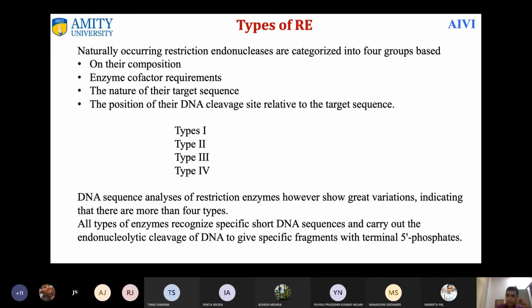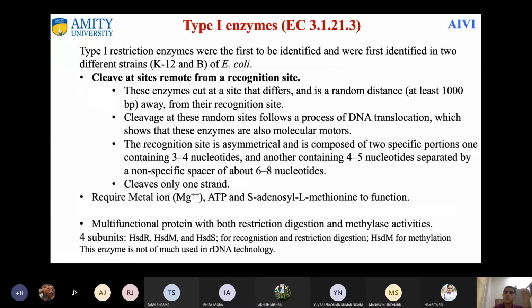So the cleavage site is remote. Now the question is how far. The enzyme is going to cut at a site at a random distance. Specificity is there in terms of recognition.